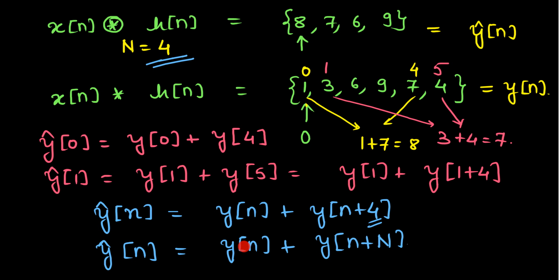Now this y of 6 will also have a value 0, and this y of 6 plus 7 will also have a value 0. Therefore this overlapping thing will be avoided even if we consider the value of n greater than 6.